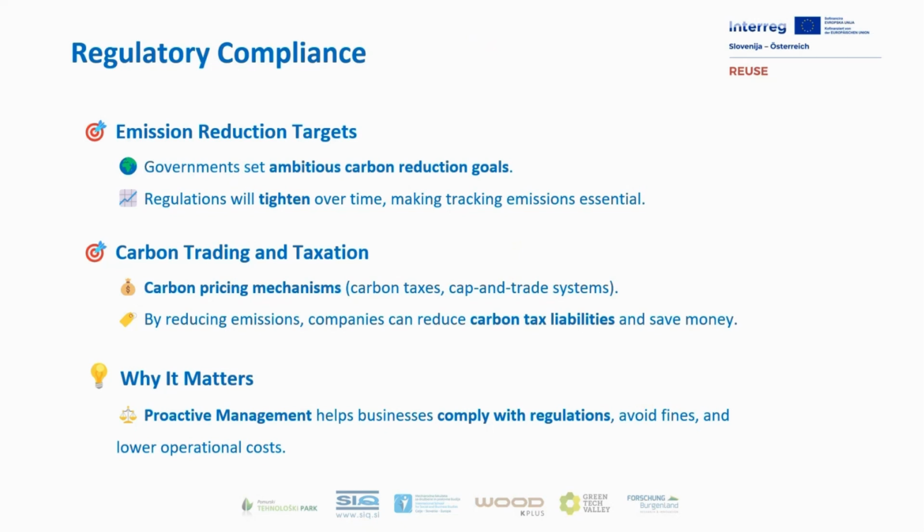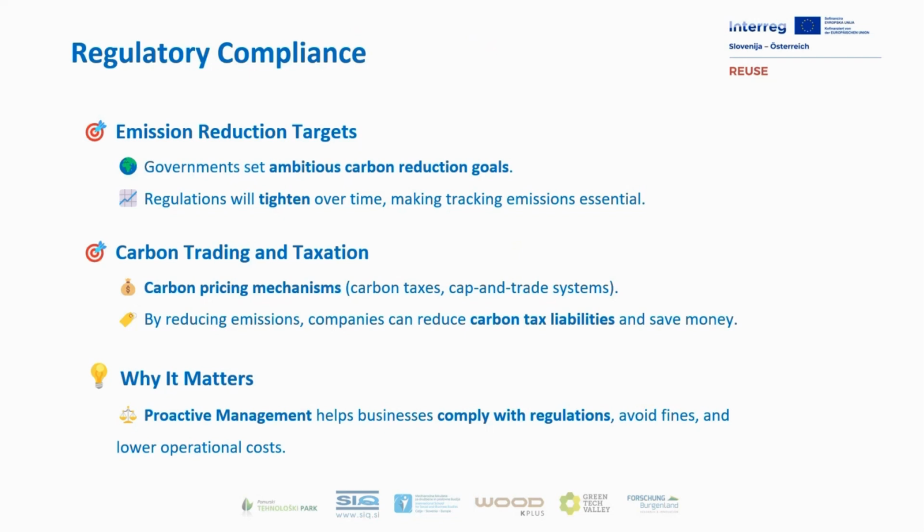So first is emission reduction targets. As we know, we have strict carbon reduction targets with expectation of increased severity over time. So monitoring emissions allows companies to plan ahead for these changes. And carbon trading and taxation.